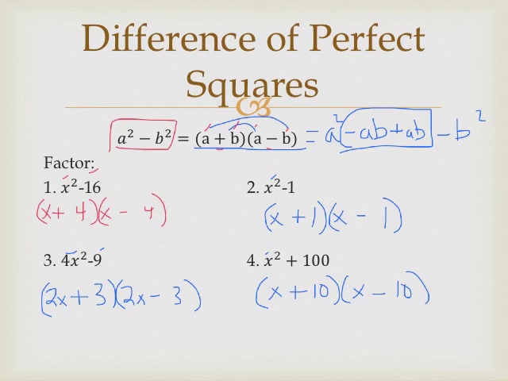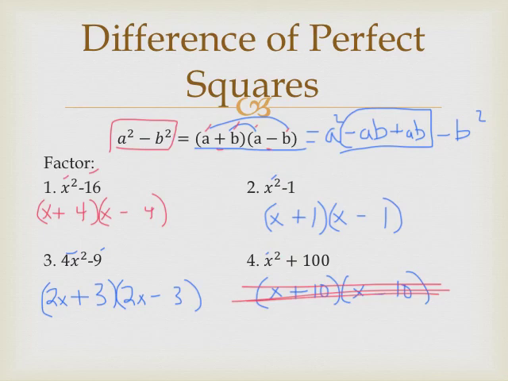Why is it not? This is all wrong. Why? Look at here. This is the difference of perfect squares, a squared minus b squared: minus 16, minus 1, minus 9, plus 100. Okay?